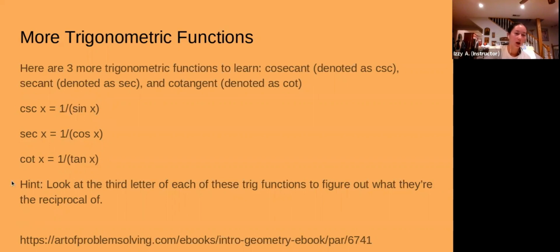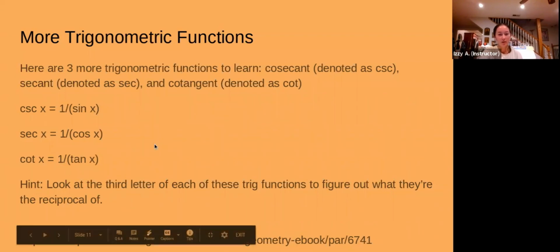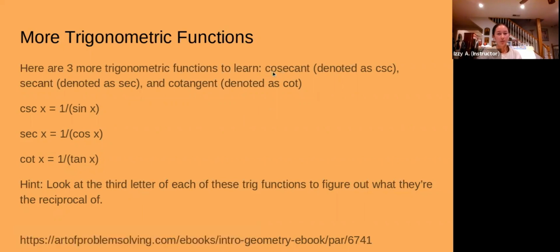In order to figure out which trigonometric function is the reciprocal of which of the three functions we just learned, this is what I learned from my math teacher. Look at the third letter of each of these trig functions. For cosecant, there's an S, so that's the reciprocal of sine.